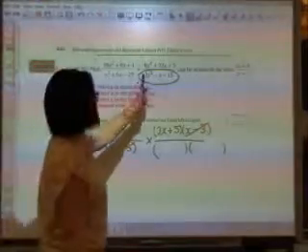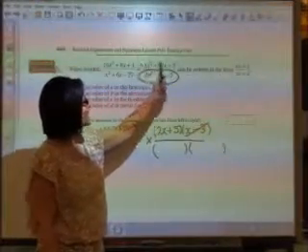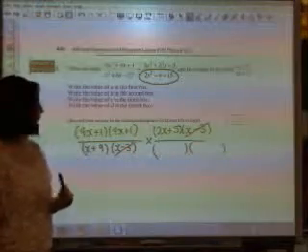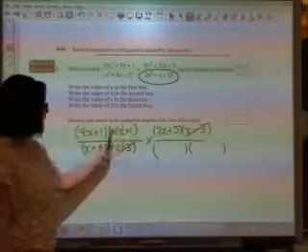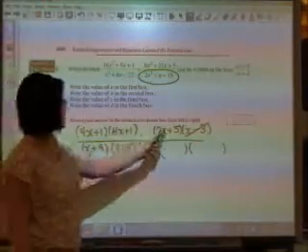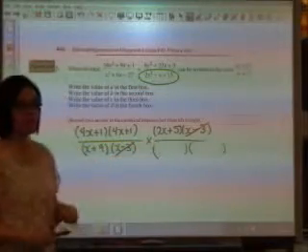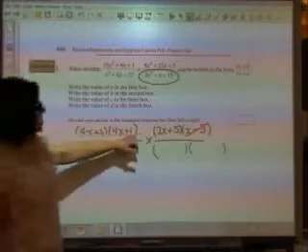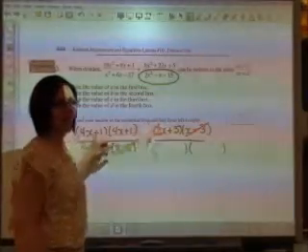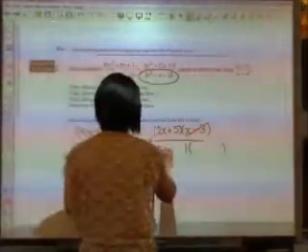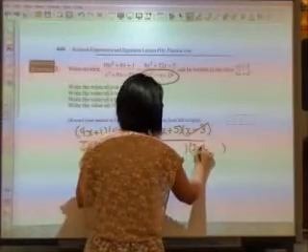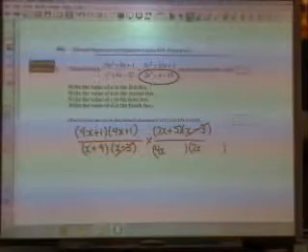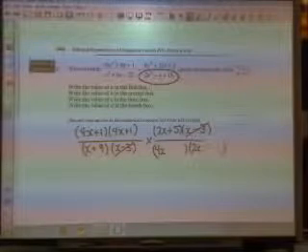And chances are, with this 8x squared plus 22x plus 5, I'm going to be able to cancel out either the 4x plus 1 or the 2x plus 5, or possibly even both. But knowing that I should be able to cross out one of these should give me the hint that the 8x squared has to be 4x times 2x.